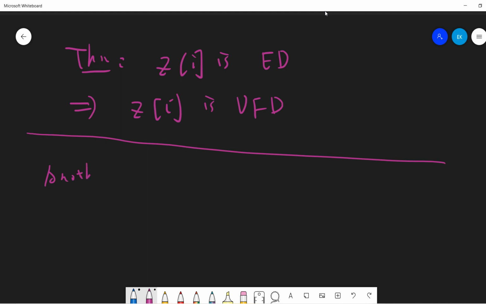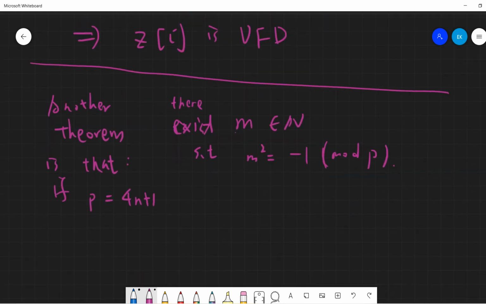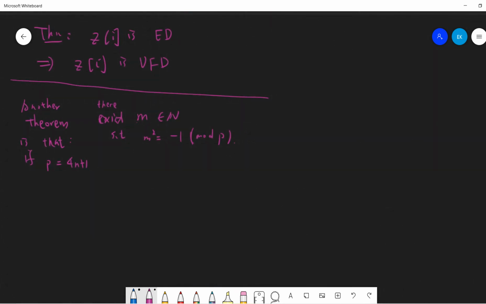So another theorem is that if p is 4n+1, then there exists a number m in the integers such that m squared is minus 1 mod p. I will not tell you how to prove this, but I guess it's very easy in number theory. I just mention the fact that m squared is minus 1 mod p.